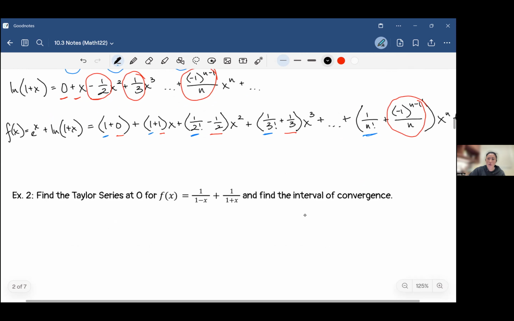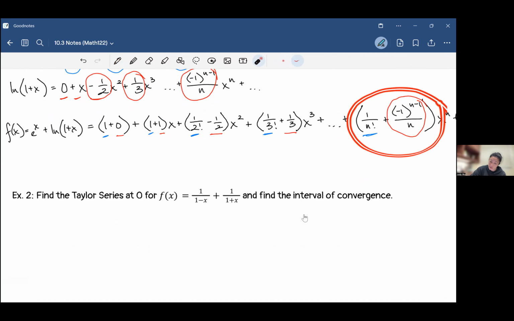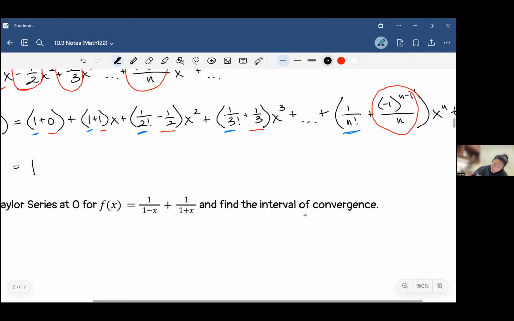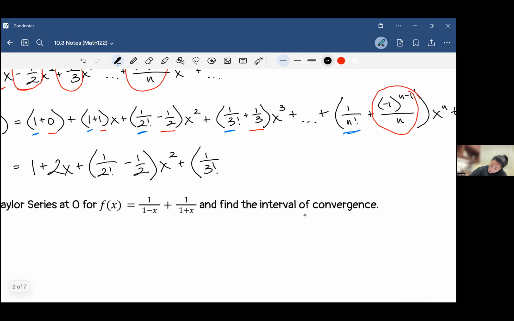I think a lot of the questions on your homework will ask you to write the first 4 terms. So we want to make sure we get 4, and then it'll ask for just the general formula, okay? So if this were a homework question, I might do 1, because 1 plus 0 is 1, plus, let's see, 1 plus 1 is 2x, plus, and I would leave this as 1 over 2 factorial minus 1/2 x squared plus 1 over 3 factorial plus 1/3 x cubed.